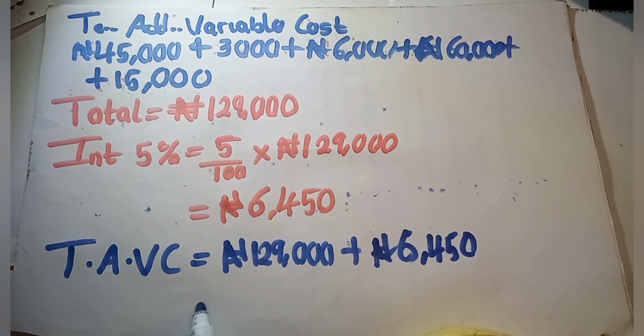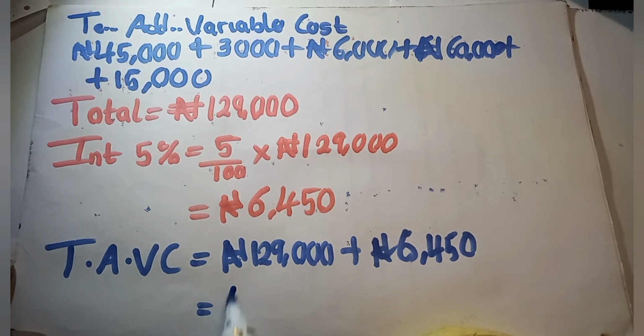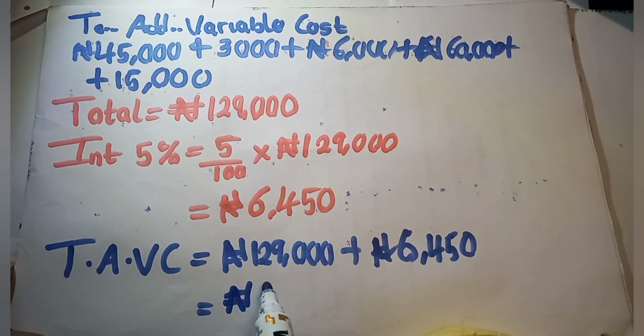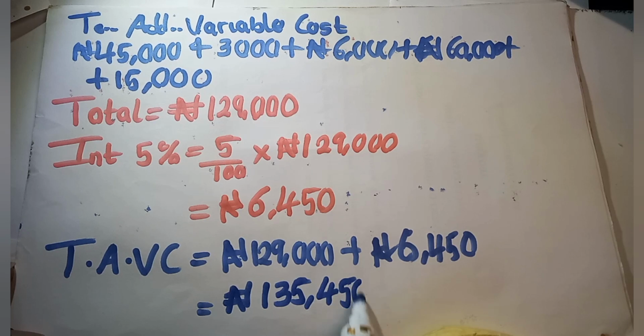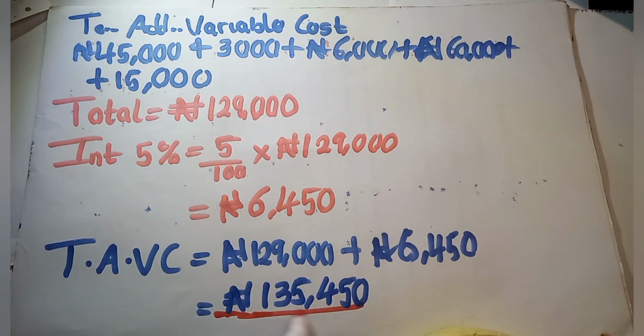After adding, we have 135,450 naira. So that is the total additional variable cost.